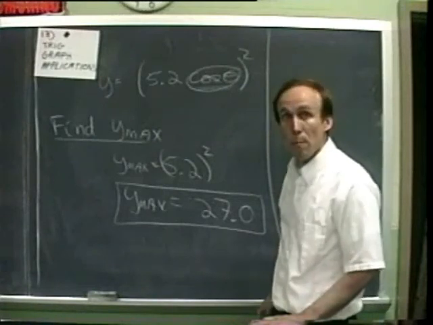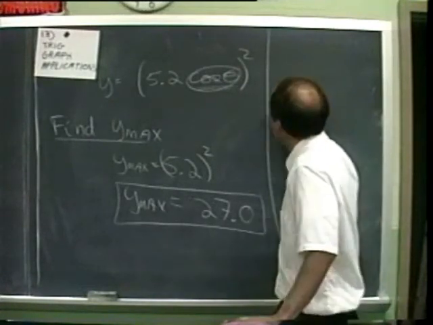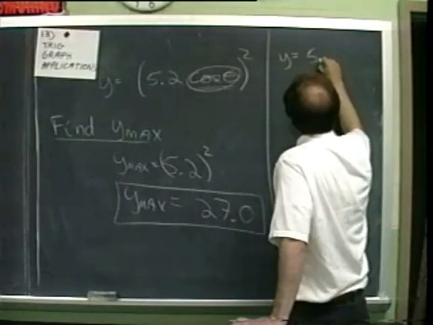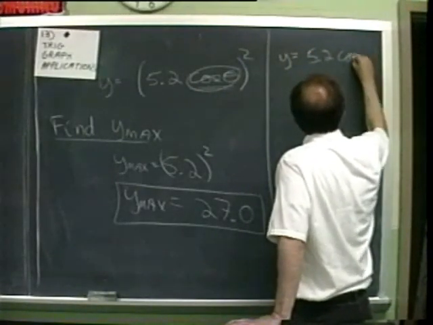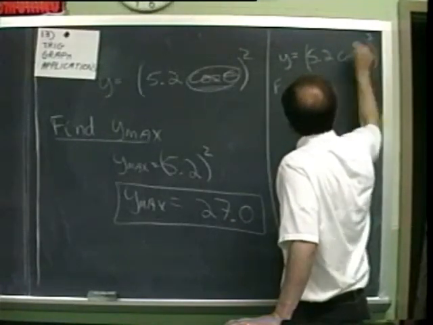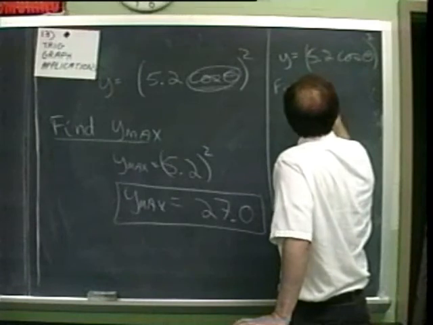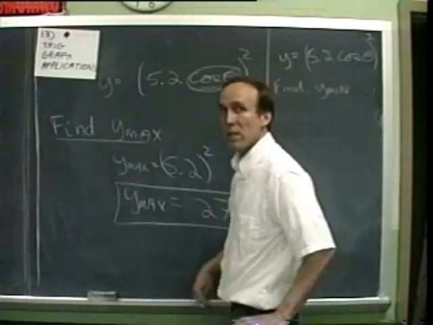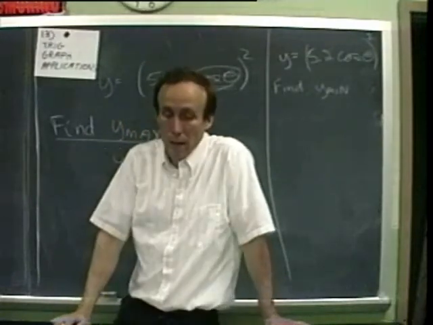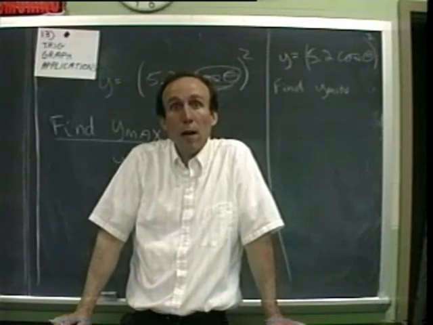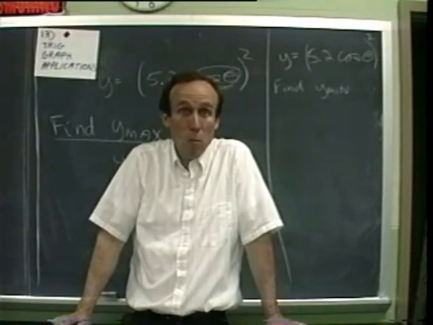If I asked you what's the minimum value that y can take on, you might be tempted to say, well, the smallest value occurs when cosine of theta is its minimum value, which is -1.